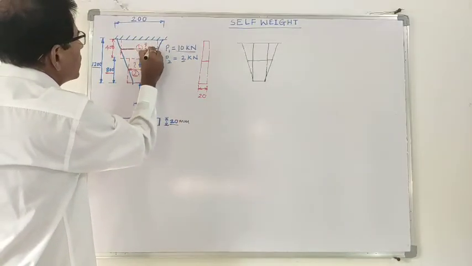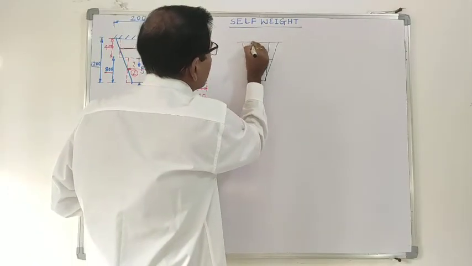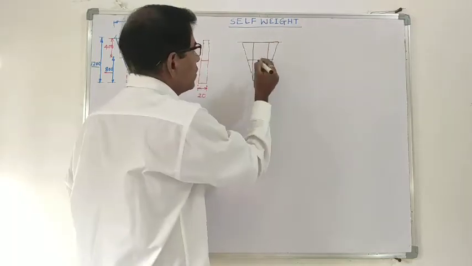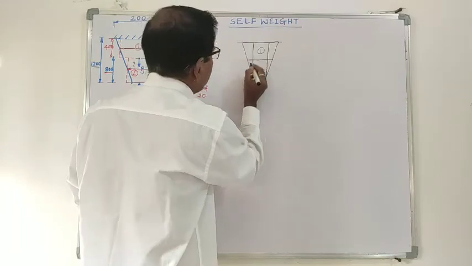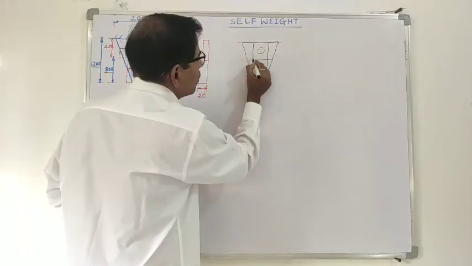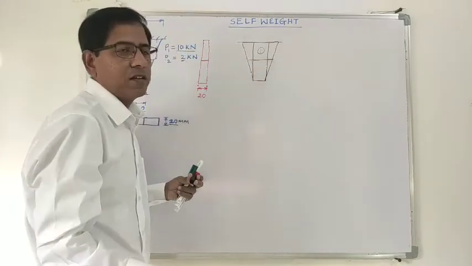This dimension will be an average of the upper dimension of section number 1, and this dimension would be an average of this side and this side.